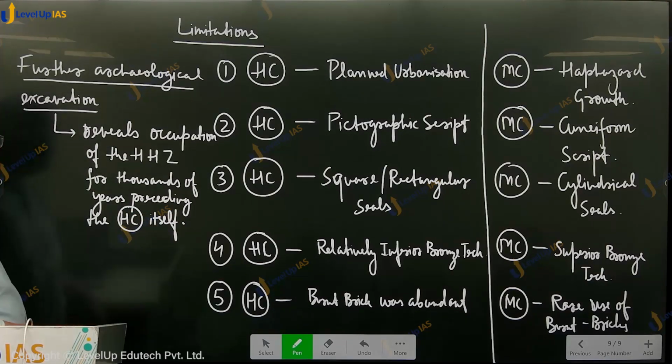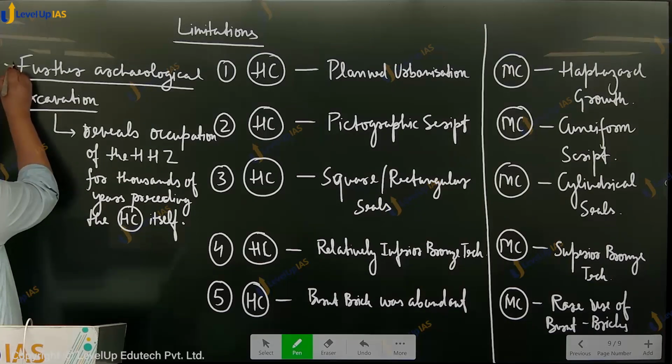And this further weakens the argument that Harappan civilization suddenly came into existence due to the contributions of outsiders within a matter of half a millennium or even lesser. ठीक है?